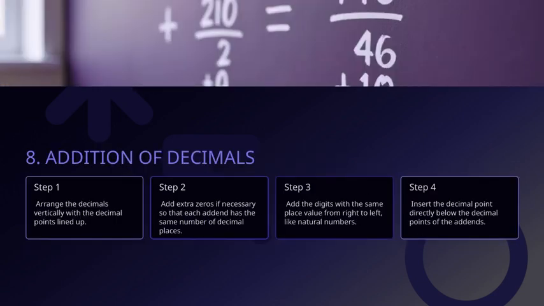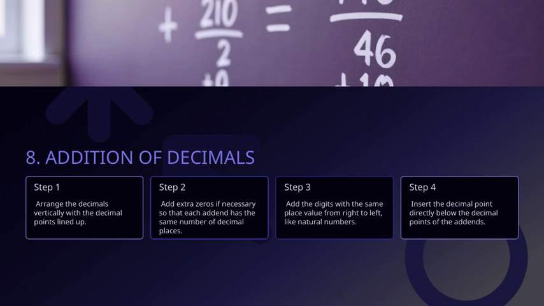All right, let's walk through the steps for adding decimals. First, you want to arrange the numbers vertically, making sure the decimal points are perfectly lined up. This is crucial because it keeps the place values aligned correctly. Next, if any of the numbers have fewer decimal places, you should add zeros to make them all the same length. This ensures that each digit is in the correct position when you add.